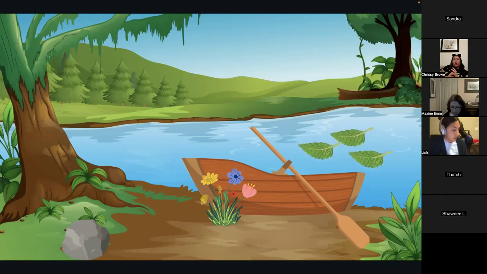Opposite of left is right. Aha. On the right side. So what is on the right side of the leaves? Where is the tree on the right side?